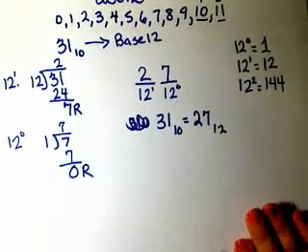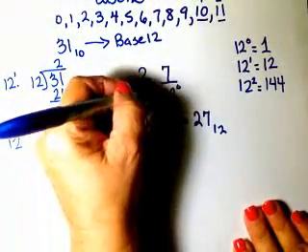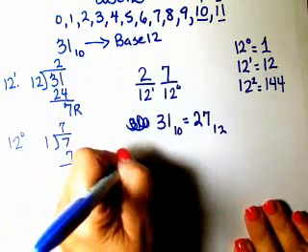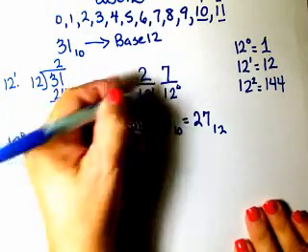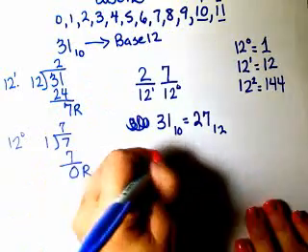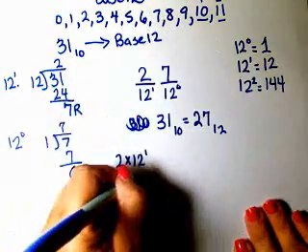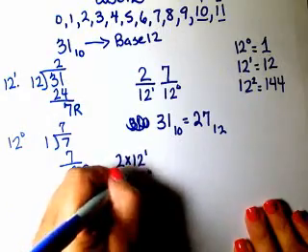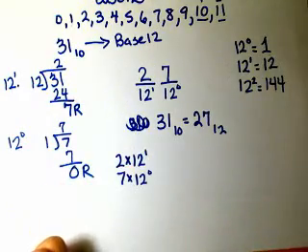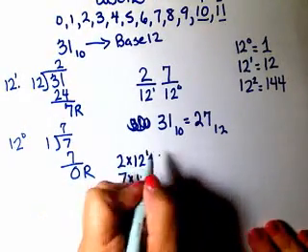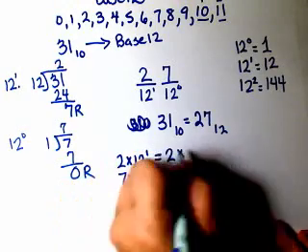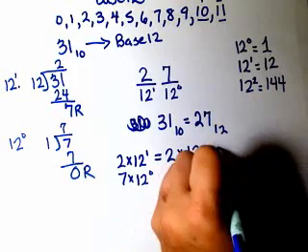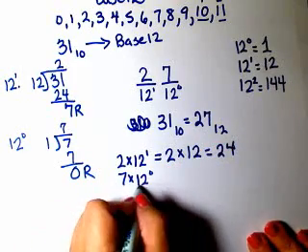Okay, now let's double check it. Let's go backwards. So I start out with 12 to the first power times 2, and then 12 to the 0 power times 7. 2 times 12 to the first power is 2 times 12, which is 24.